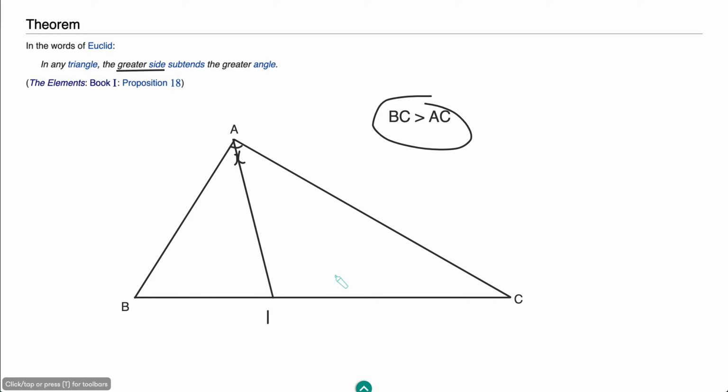Let me draw it so that they actually are equal. Okay. Again, because BC is greater than AC, the length AC is somewhere along this line because it's smaller. Okay, so what does that tell us?